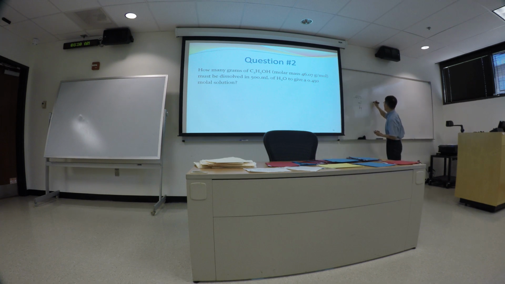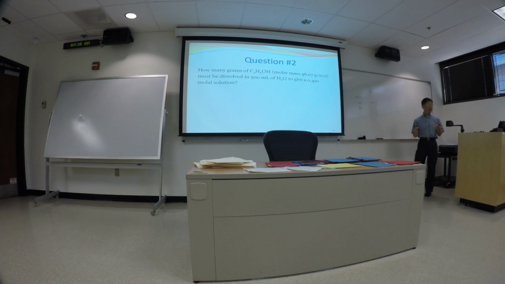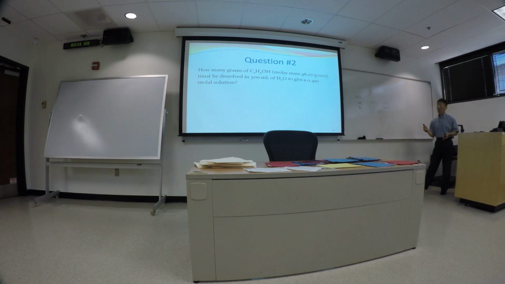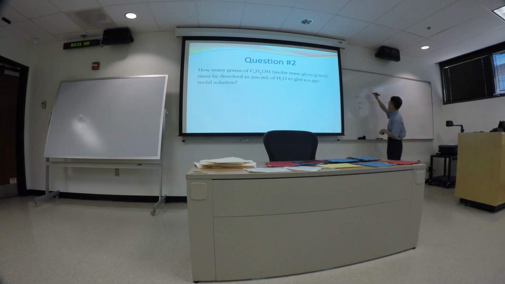So we have 500 milliliters converted into 500 grams, and that's water. Okay, so 1 gram per milliliter, and times 1 kilogram per 1,000 grams. So gram and gram cancel, this is for the water part, the denominator. On top, we need to figure out the number of moles. Well, you have X grams.